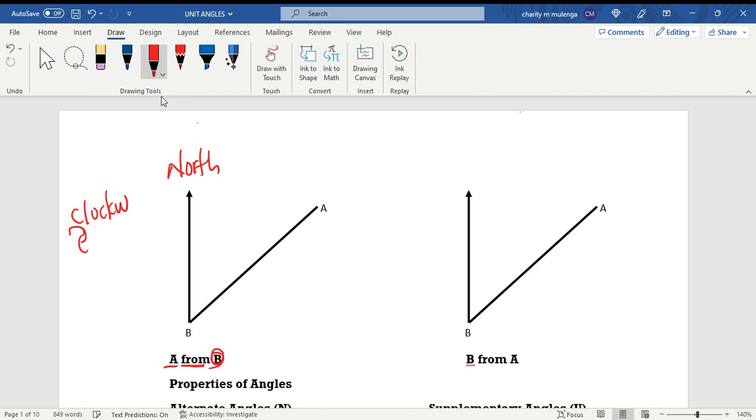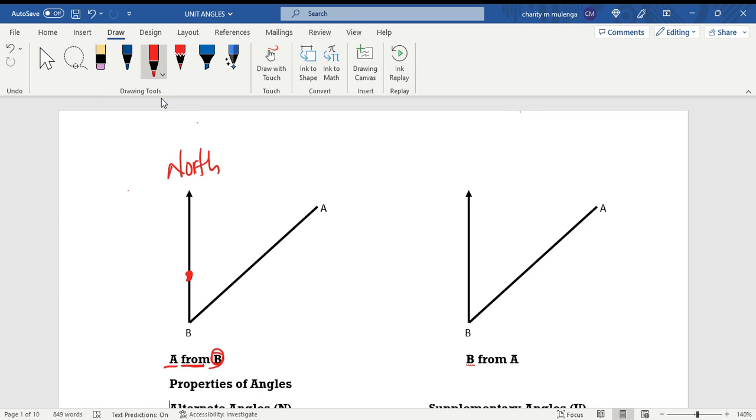Don't make a mistake of moving anti-clockwise. It is always clockwise. You move clockwise from the north of your starting point.